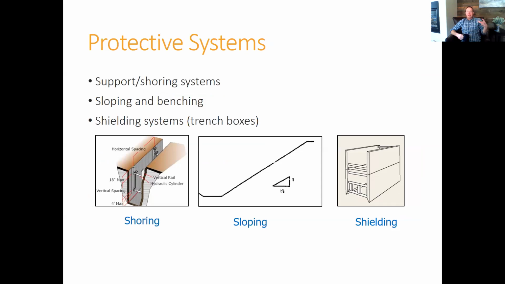Now, within these types, there's a lot of different manufacturers and different ways to do this, but there's 3 main types of protective systems: support and shoring systems, sloping and benching, and shielding systems or trench boxes. And so I'm gonna talk about each one of those real quick so that you have an idea of how you can protect a trench, because there's different ways that you can protect a trench.